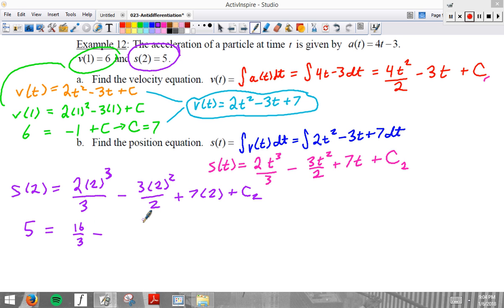This is just 6. This is 14. This is c2. Now, if you're not in a simplifying mood, it is okay to just get c2 isolated. c2 equals 5 minus 16 thirds plus 6, add 6 to both sides, minus 14 to both sides. That's just fine.